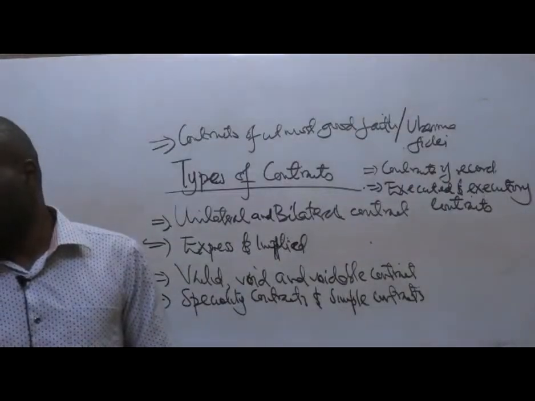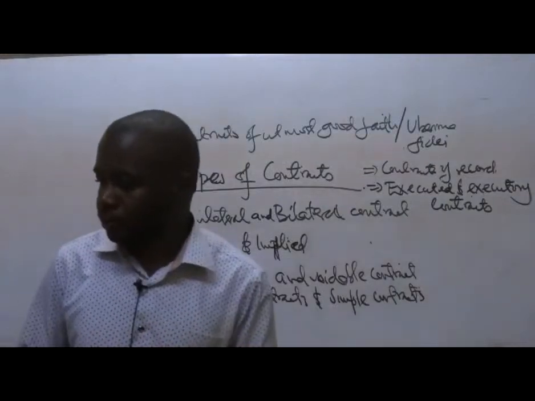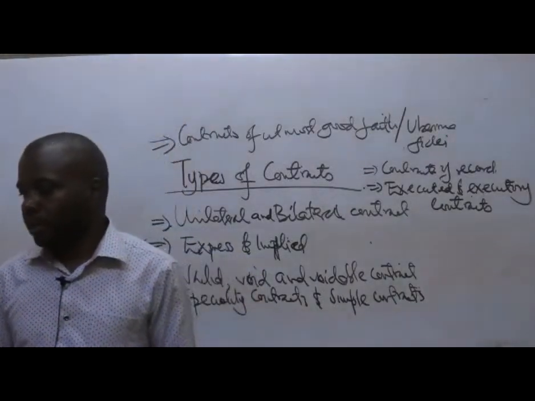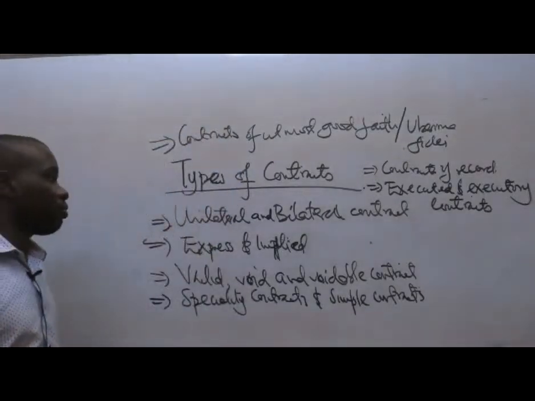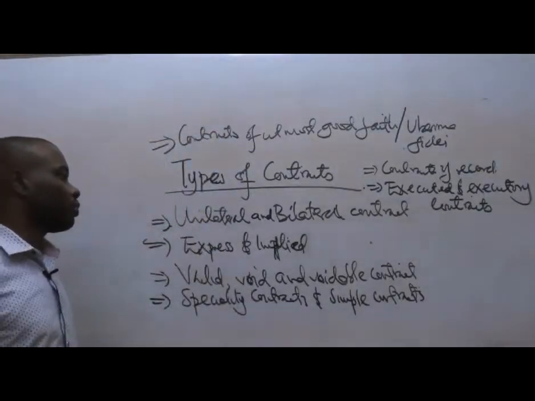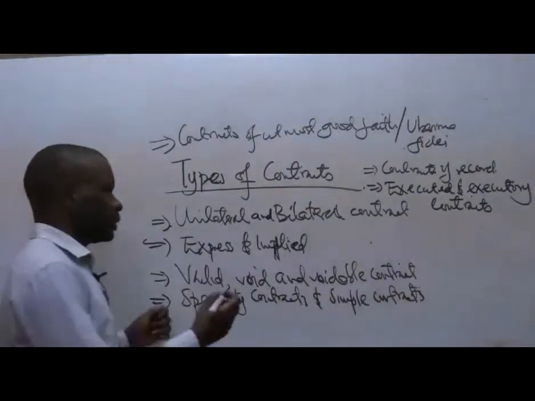So that's why they are correlated. A unilateral contract is one in which only one party is bound. It is usually a very rare form of contract. It is simply where only one party is bound.